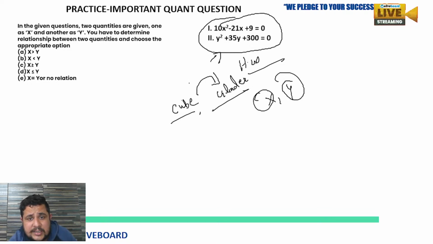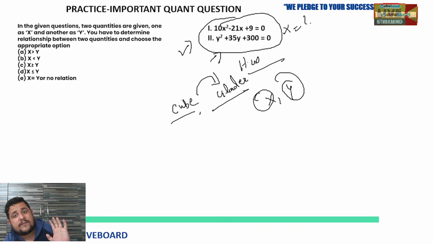I have changed the condition, so as per that you also have to answer in the comment box what the area of that circle will be. And this question at last I am giving you as homework. You can easily judge which one will be greater, but I am asking you the value of x and the value of y.